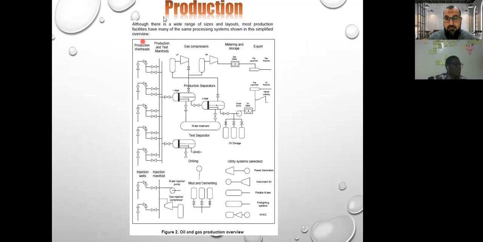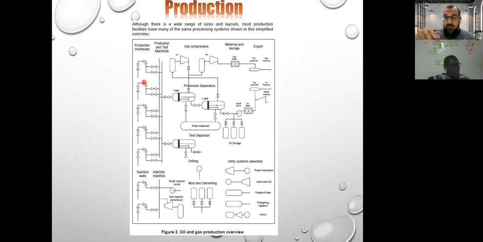This illustration is a valve, open or closed. It means this is a group of valves. What I mean by valve is to open or close the flow. If it is open, the flow will pass. If it is closed, the flow will stop.